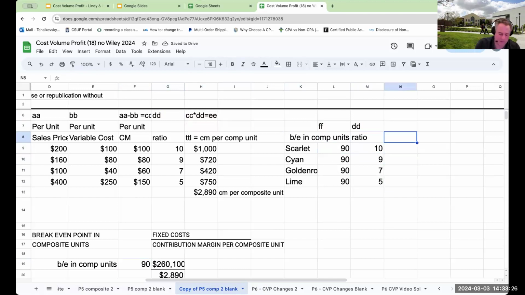So the units to be sold to reach break even is going to be 900 for scarlet, 810 for cyan, 630 for goldenrod, and then 450 for lime. So at break even, which means a zero profit, these are how many units of each I'm going to have to sell.